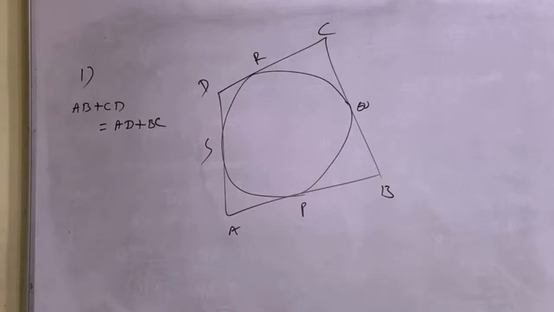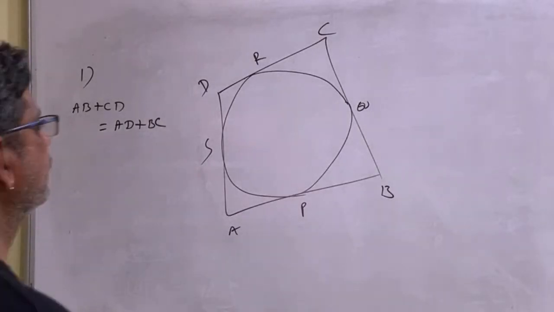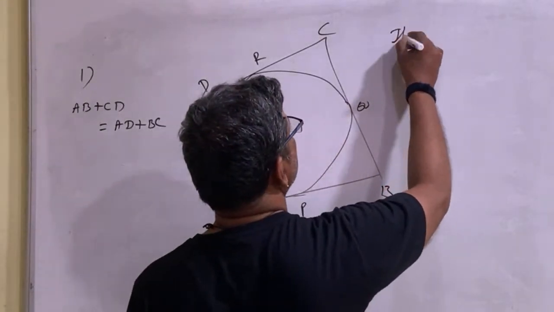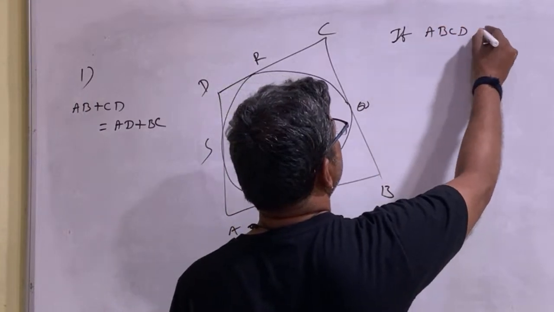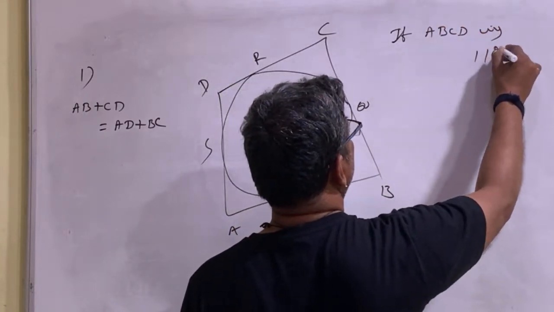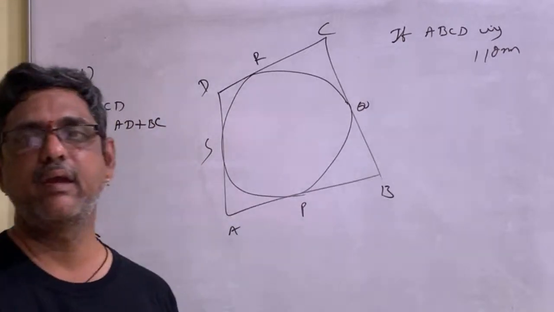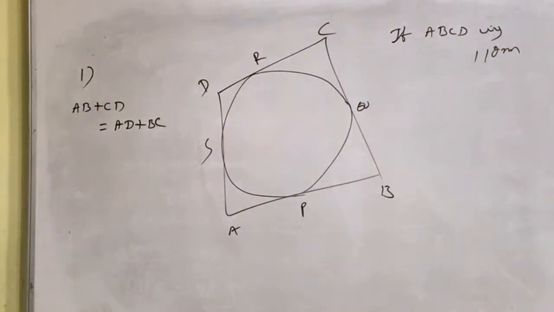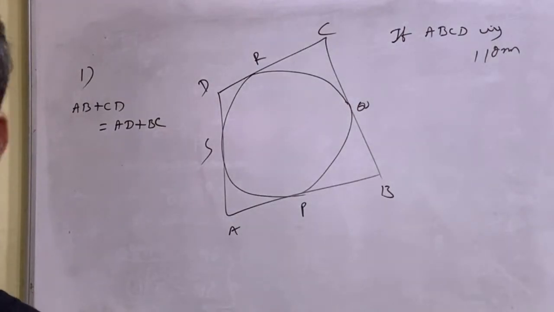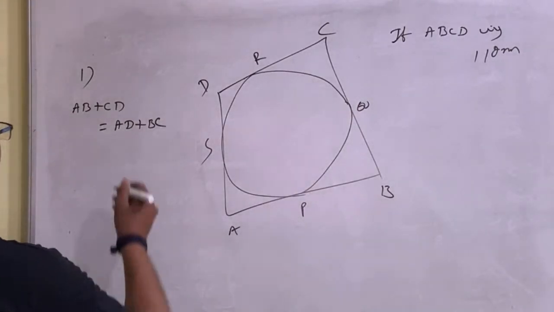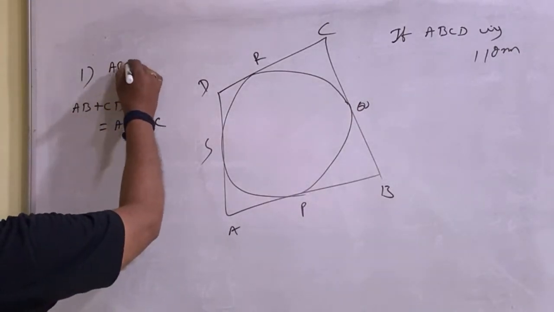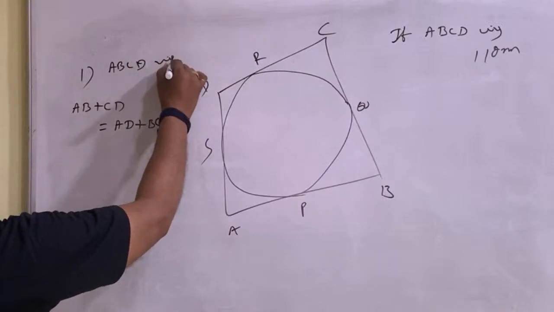Okay? Now, if ABCD is a parallelogram and it circumscribes a circle, then what can we call it? In the first case, ABCD is a quadrilateral.